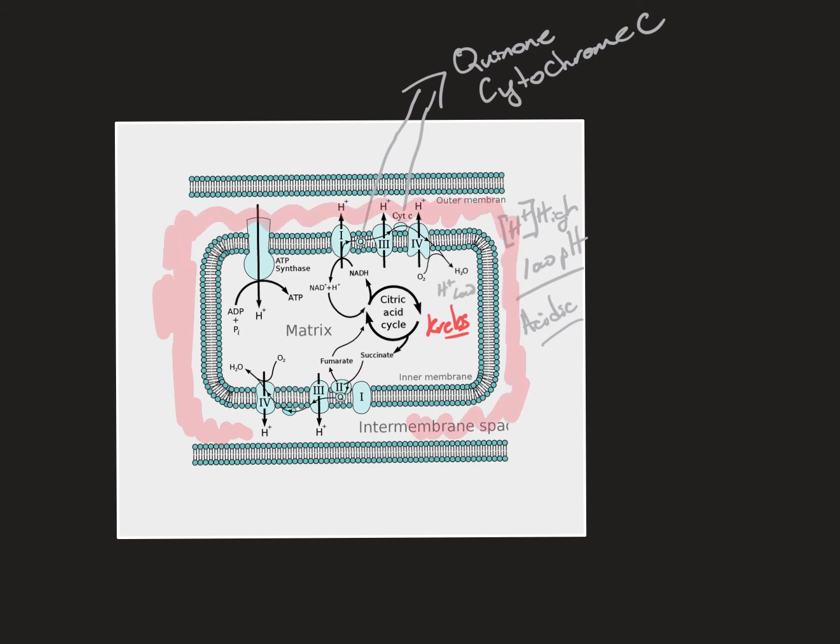All right. So now we have all these hydrogen ions in the intermembrane space. How do we use that? We're going to look at this as if we had dammed up a river.